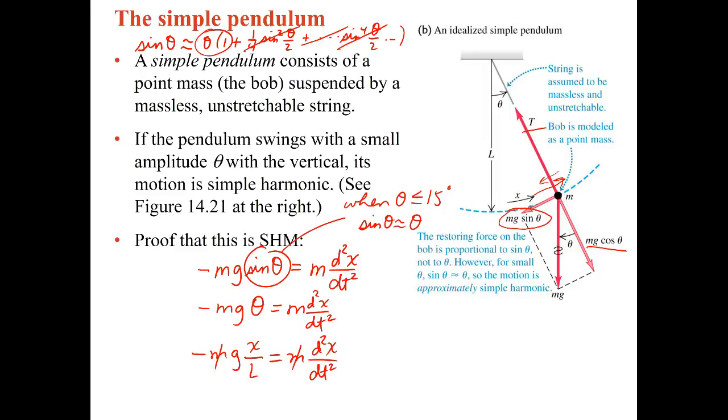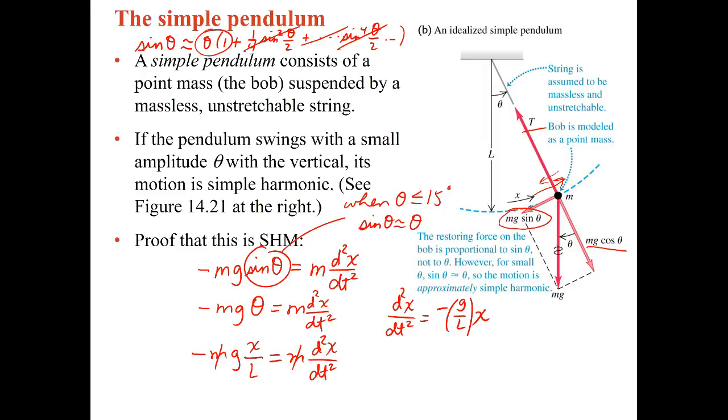And I can also write negative g over L times x is equal to d squared x dt squared. Maybe it's better if I write it in the other order, because that's what we're used to seeing. D squared x dt squared is equal to negative g over L times x.